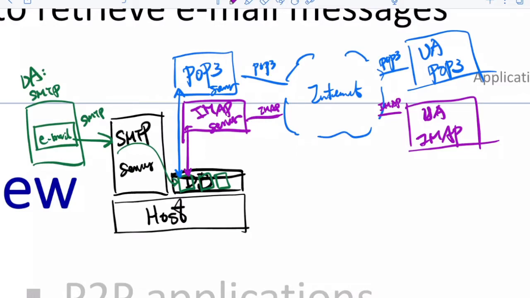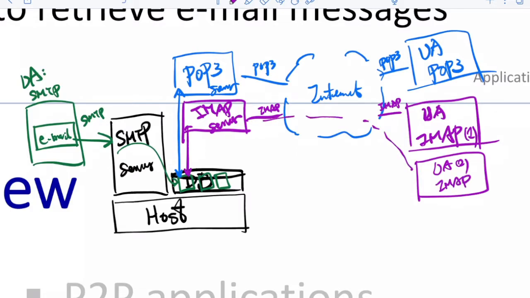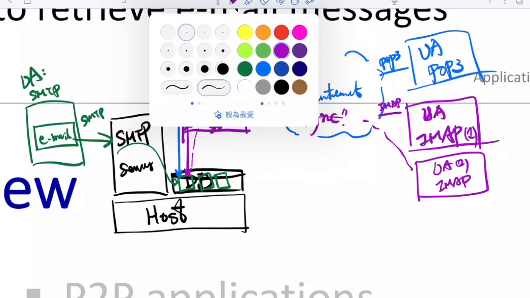It can also retrieve the email in the mailbox, but the IMAP protocol can support multiple user agents, for example UA1 and UA2. They can still do synchronization, so you can have multiple user agents.